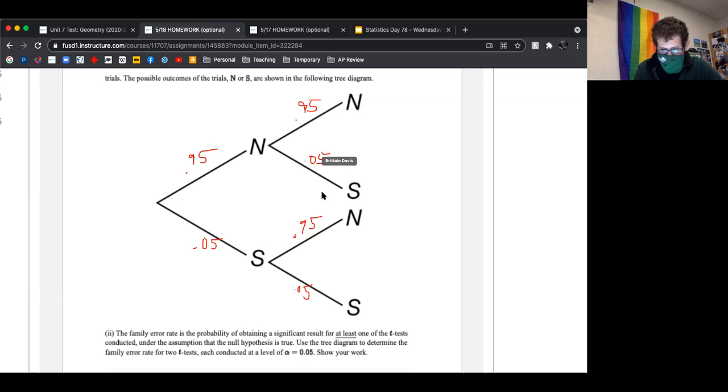Then here's what we do. We just multiply across and we can get all of our answers. So 0.95 squared is 0.9025. And we can see what's going on. I mean, I can multiply all this out, I guess I might as well.